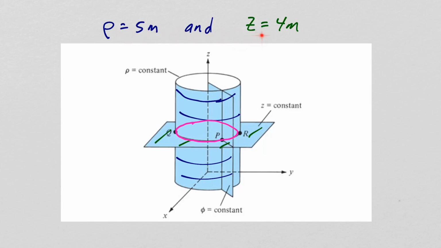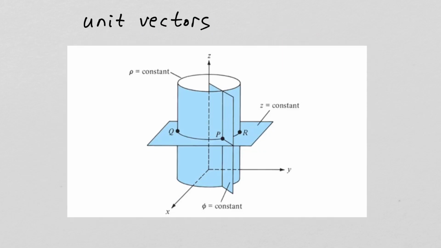As we know, unit vectors point in the direction of increasing component value. So if rho is increasing, so the radius of the cylinder is increasing, point P would be moving along this arrow. So that's the a sub rho direction. If phi is increasing, this plane would be sweeping in the direction shown here, so this would be the direction of the unit vector in the phi direction.